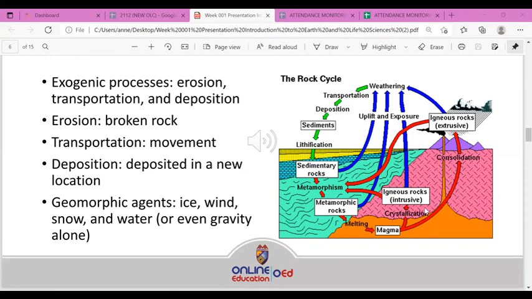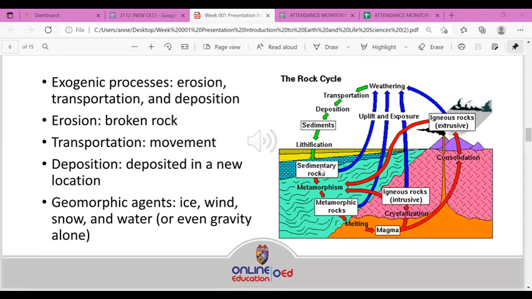So your intrusive and extrusive are there. The intrusive is inside, in the magma. Materials that come out from the volcano go through weathering, transportation, and deposition, with the help of ice, water, snow, and gravity. So you will have liquefaction.